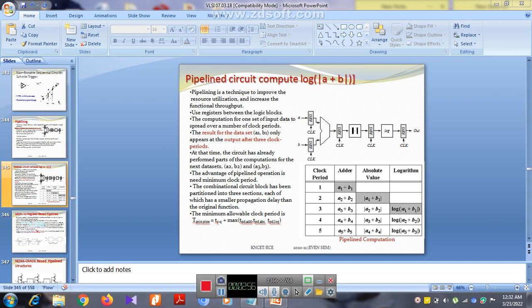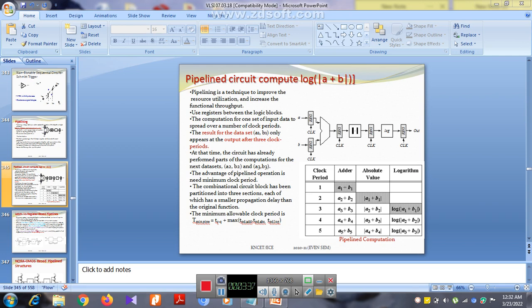First the adder is activated in the clock cycle, and afterwards the absolute value, next the logarithmic value, so that we get the final value as the logarithm of the modulus of A plus B. Finally, the register overhead is small with respect to the logic delays.